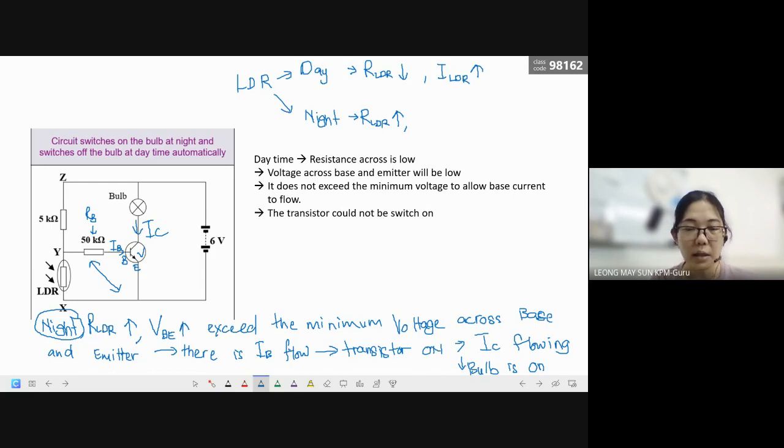If the transistor cannot switch on, then there is no current through the collector. If there's no current through the collector, the light bulb will not turn on. So this is during daytime.